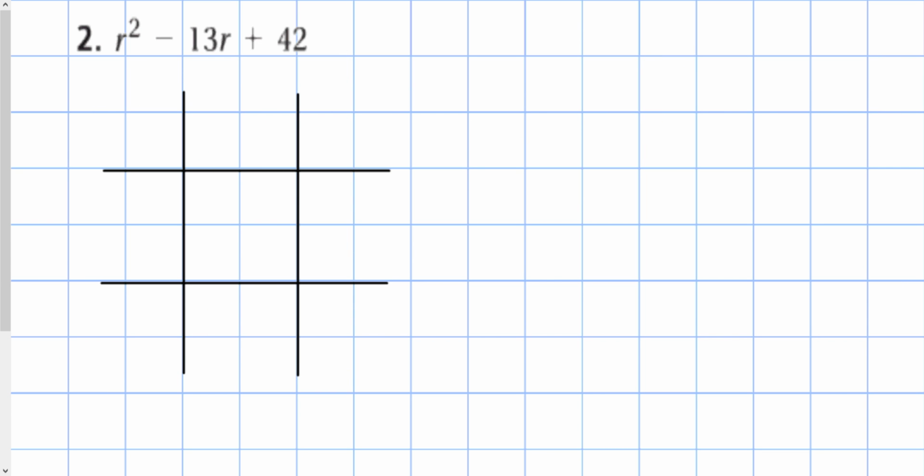So here's another one. R squared minus 13r plus 42. I want to factor this into two binomials. So I start by writing this part in the last column out of order. R squared goes first.